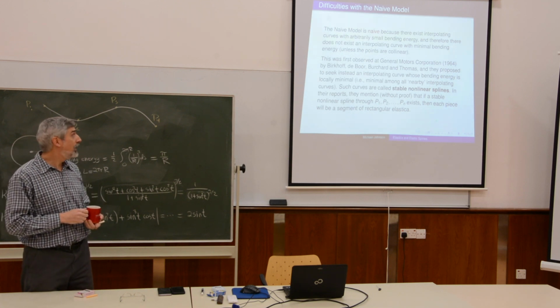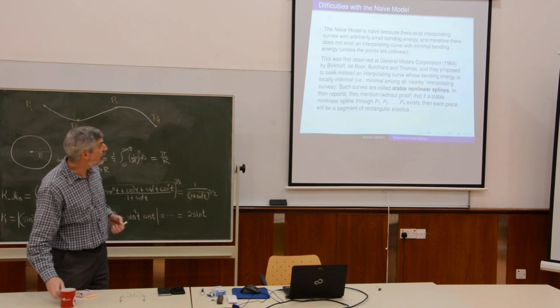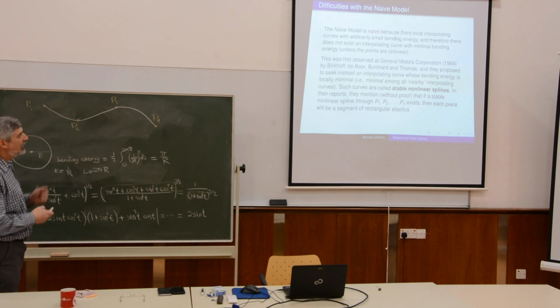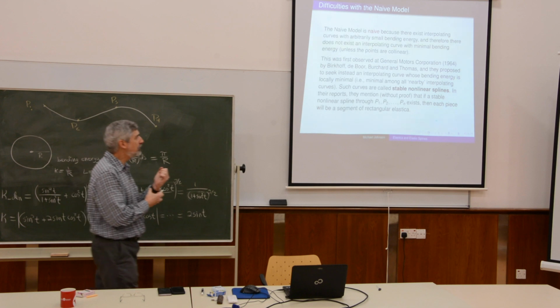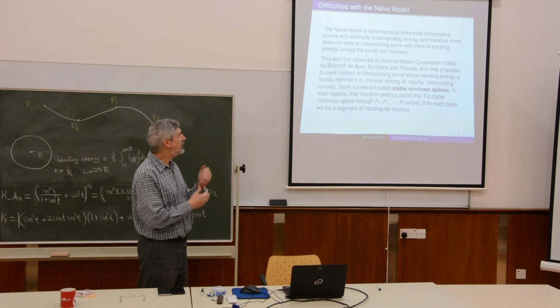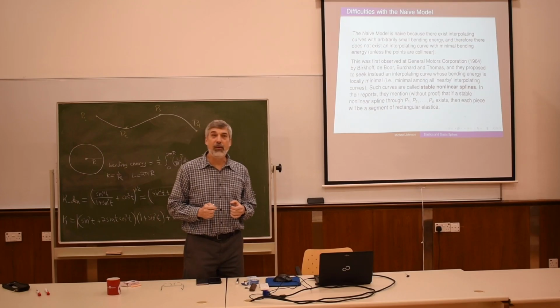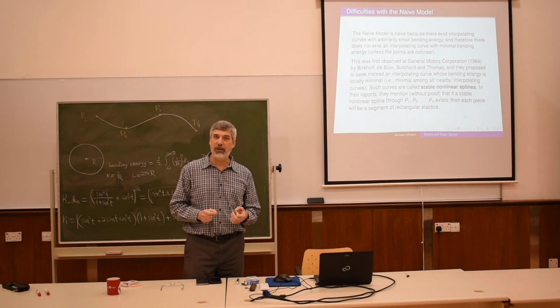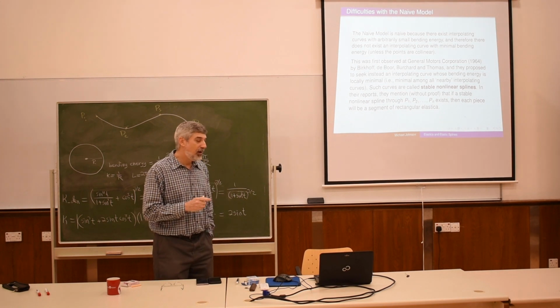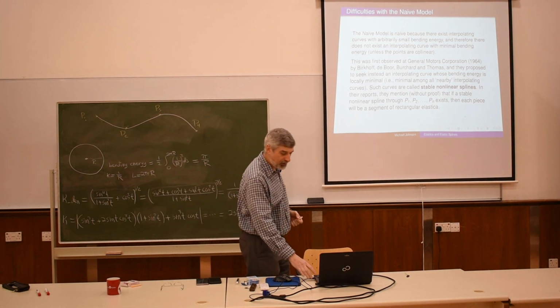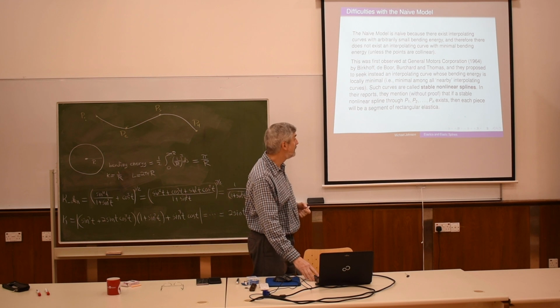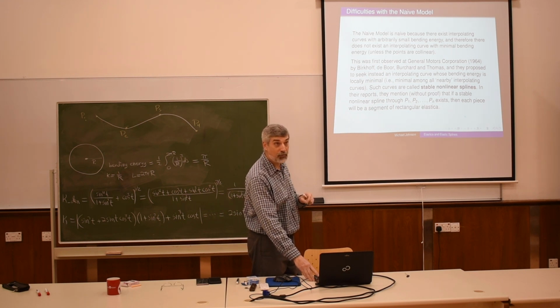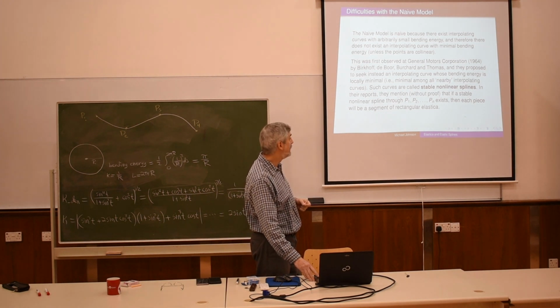And so the way they modeled the draftsman spline is that they said that the bending energy will be locally minimal, okay? Meaning that if you have another curve which is nearby, another interpolating curve that is nearby, then the bending energy of the draftsman spline will be less or equal to the bending energy of the nearby curve.